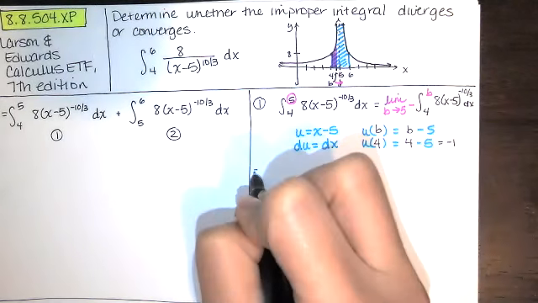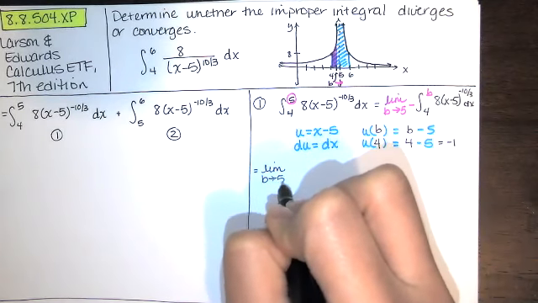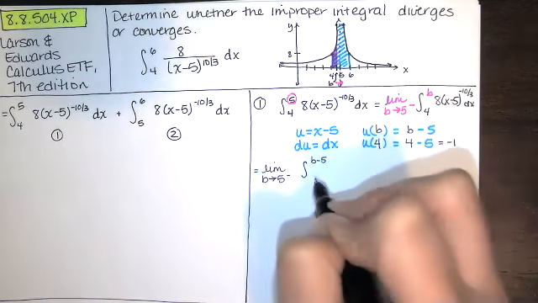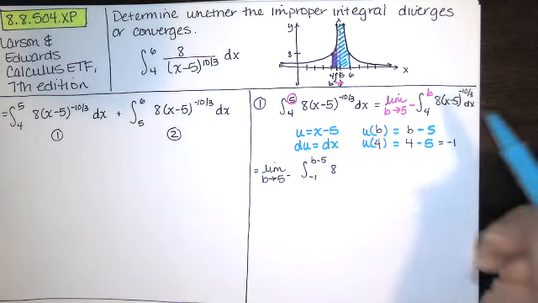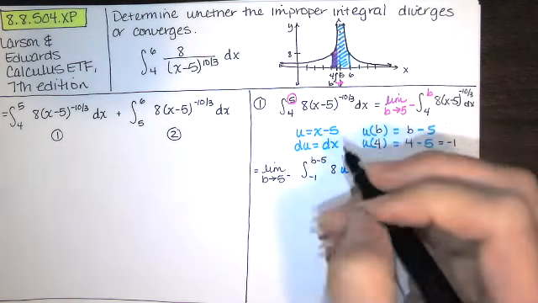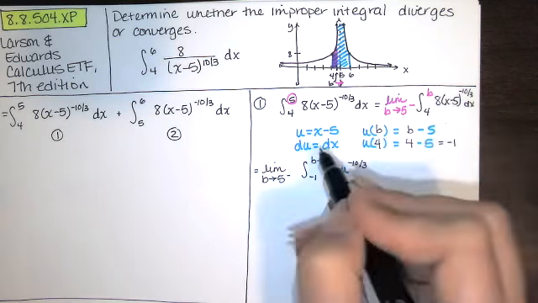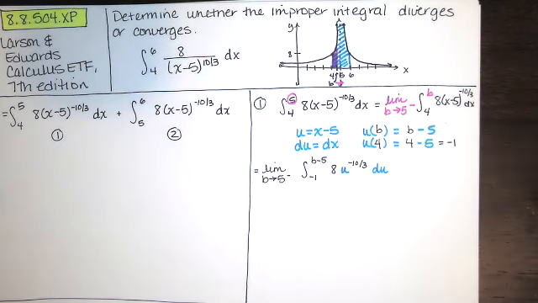So the original integral is the limit as b approaches 5 from the left of this. The new upper bound is b minus 5, the new lower bound is negative 1, and then we have 8 times u to the negative 10/3 power. And then dx is the same as du. Since I've changed my bounds, I never have to go back to x.